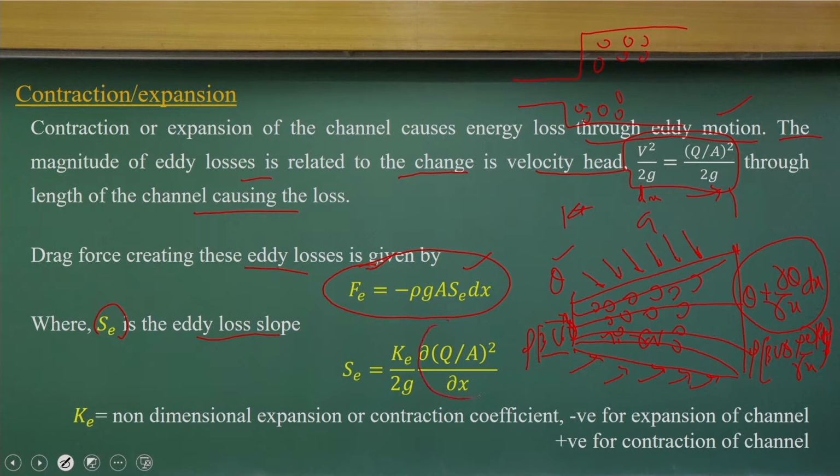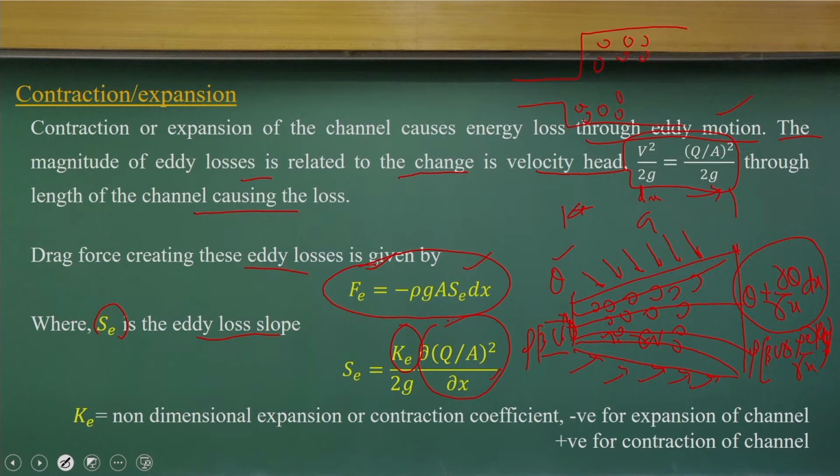And Sc is a gradient of this. That's the reason we have a partial derivative of the velocity head, and Ke is a proportional constant, which we can get from experiment. So whenever you set up a river model, it asks what the expansion and contraction coefficients are.